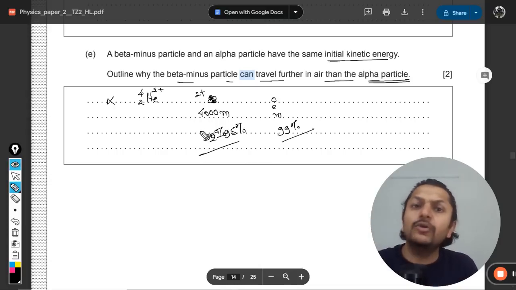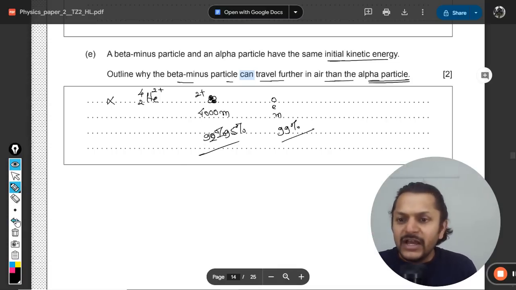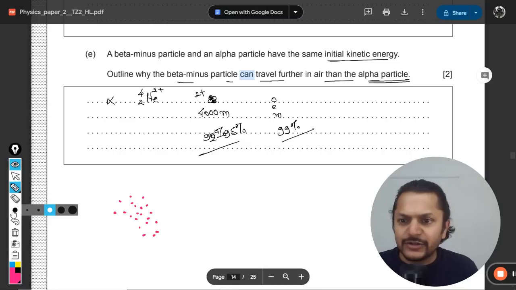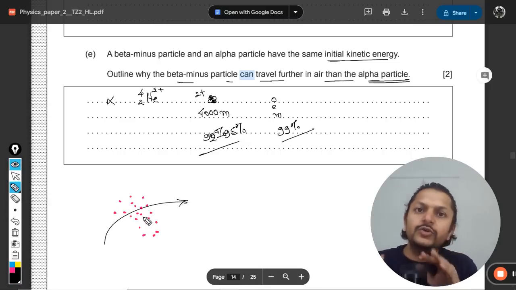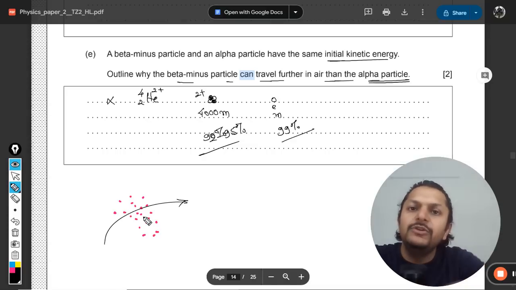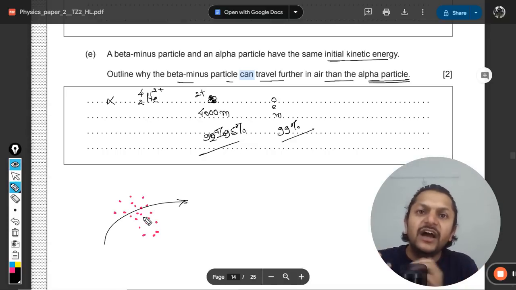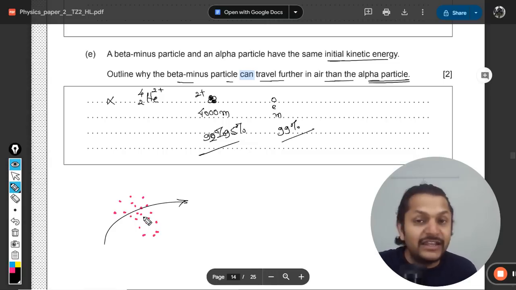So it has more ionizing power. Ionizing power means that, let us say there is a gas here, and alpha is passing through it. It is going to hit many electrons, it is going to hit many atoms inside. So all the electrons are going to cling to the helium nuclei, and there is a chance that the alpha particle will be converted into helium, like an inert gas.